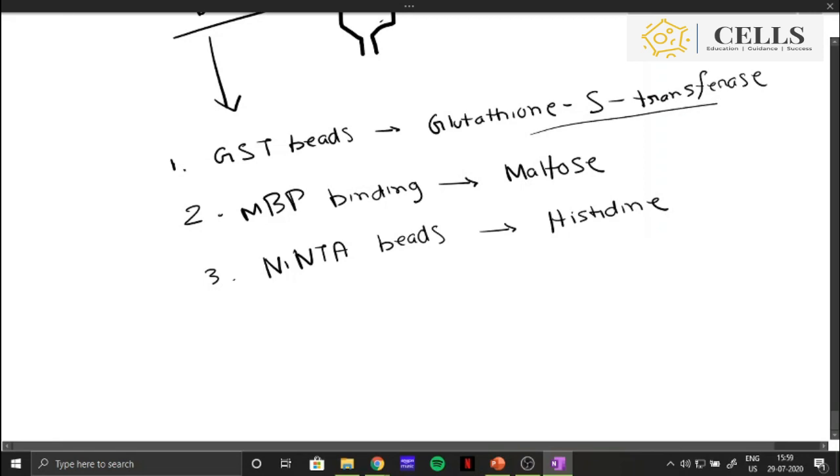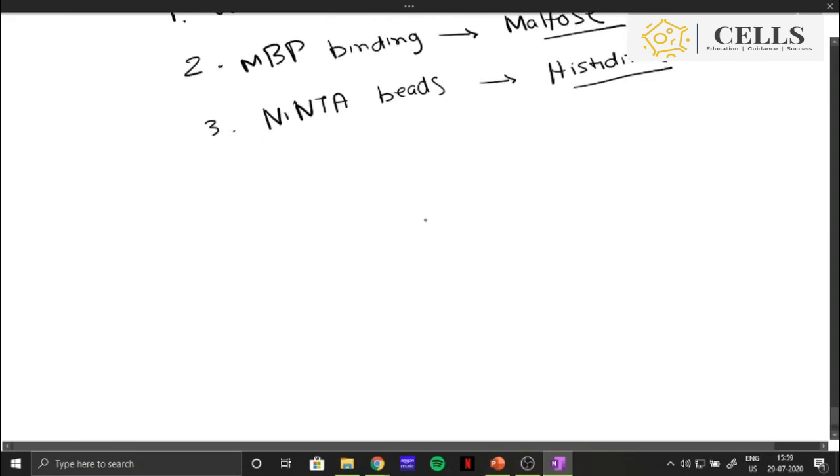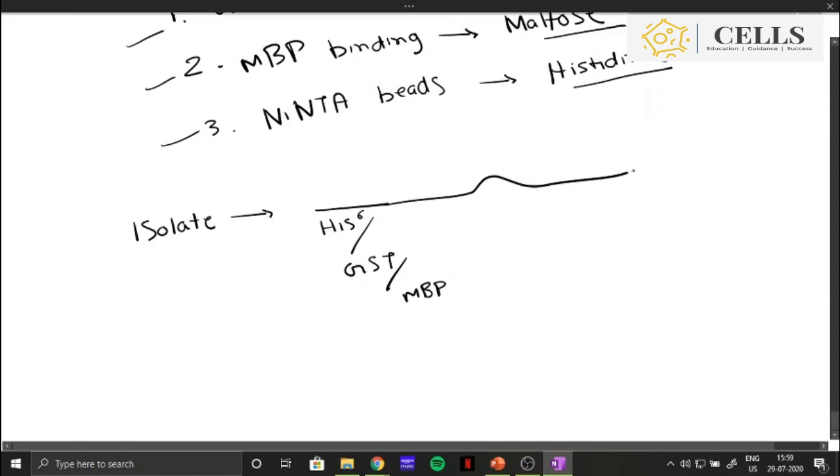This glutathione S-transferase, this maltose binding protein, this histidine, they are all incorporated in your gene of interest. So when you have to isolate a protein, you have to have this 6 histidine or GST or MBP in front of your protein.